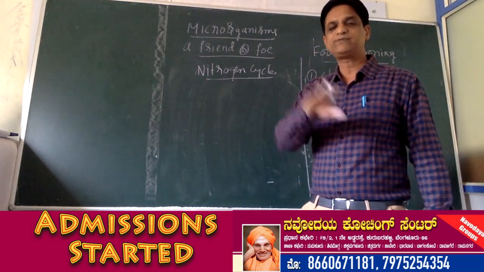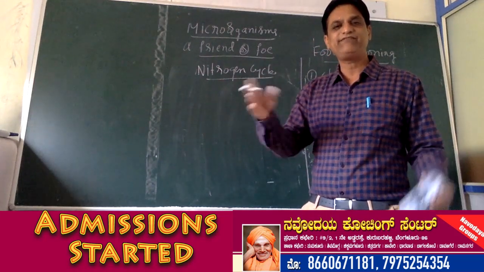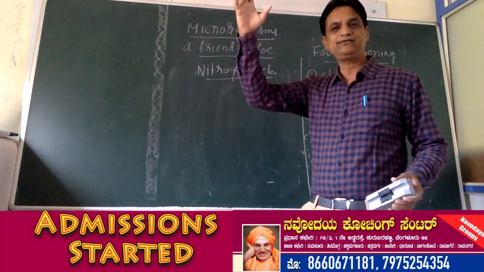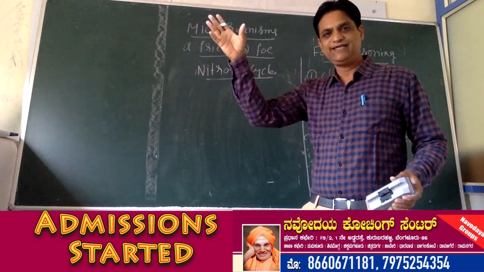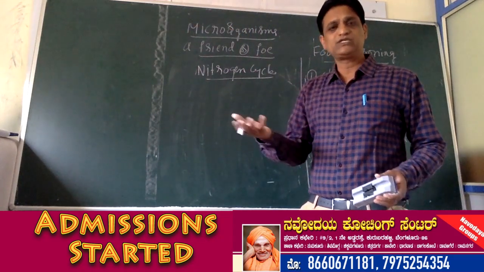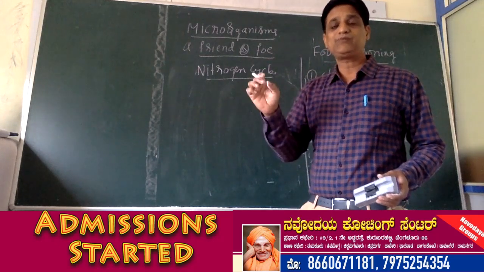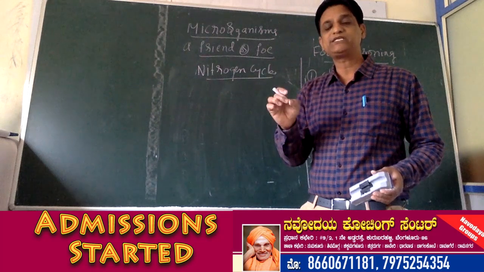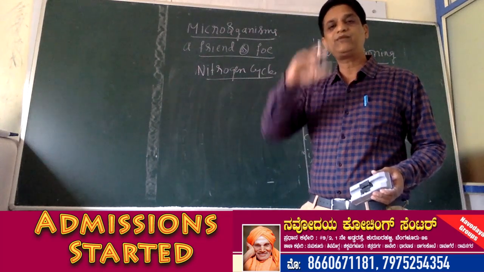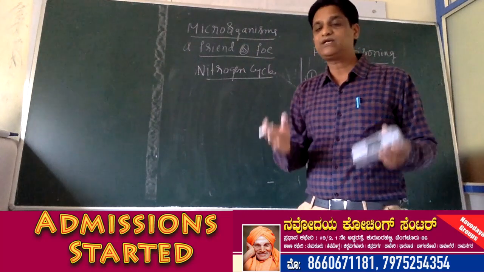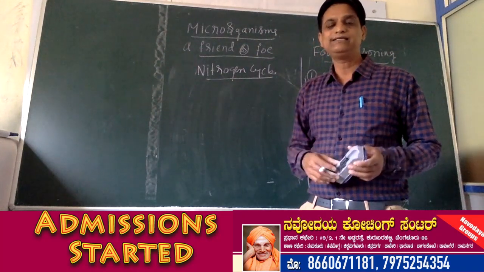Water which is present on the earth's surface in different sources goes to the atmosphere and again comes back and fills the water sources. So that process of movement of a required substance from reservoir pool to nutrient pool and back to reservoir pool, that is what is known as a biogeochemical cycle.